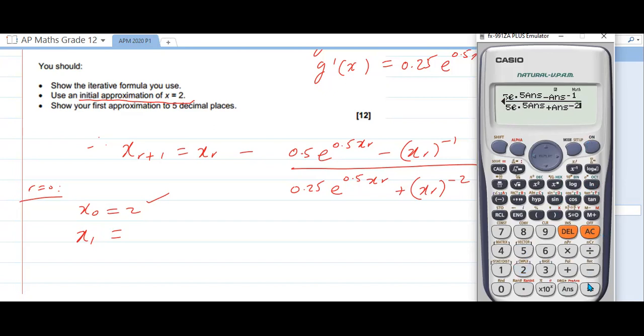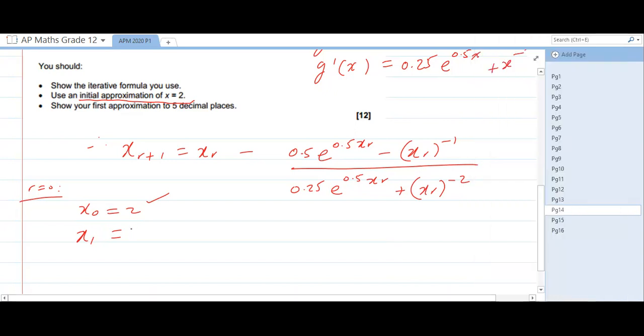Sorry, it should be 0.25 here. Let's see if our function is fine. We press equals, and we will get our first value as 1 point, this entire thing here.